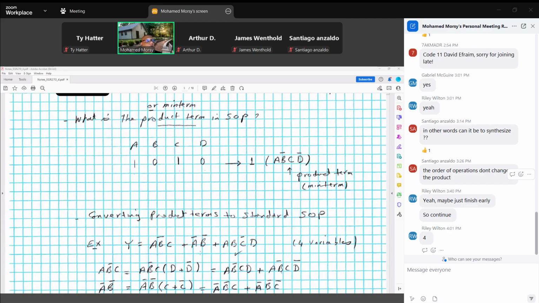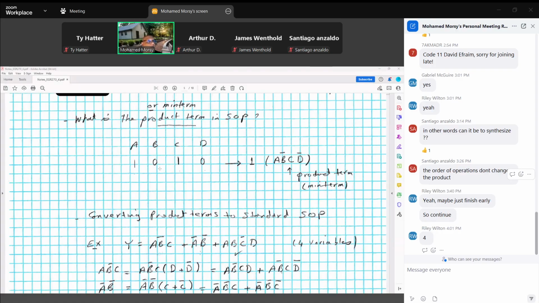When we got this product term, what we use here: when A is 1, this A is okay. But when B is 0, we use the B inverted. C is 1, is okay, so we multiply it by C. But when D is 0, we use the D inverted, because we need to keep this number 1. The original bit here is 0.